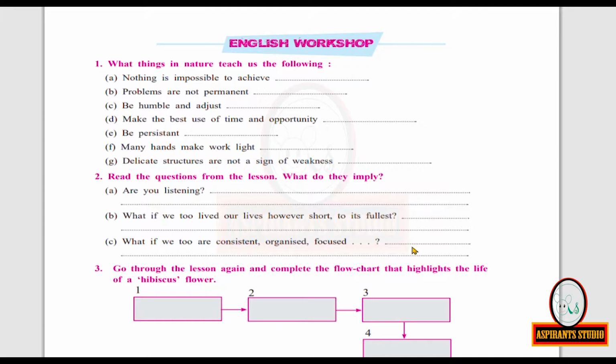We too could do wonders if we were consistent, organized and focused.